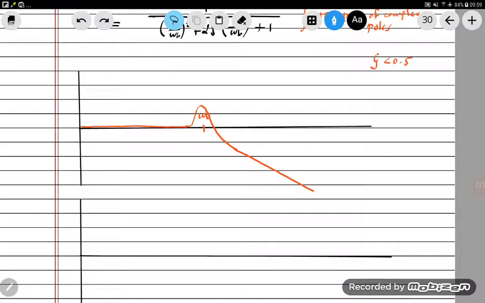And just like I explained previously, the magnitude plot of a transfer function that has a pair of complex zeros will just be the reflection of that plot. Now it looks something like that, where that is 40 decibels per decade.